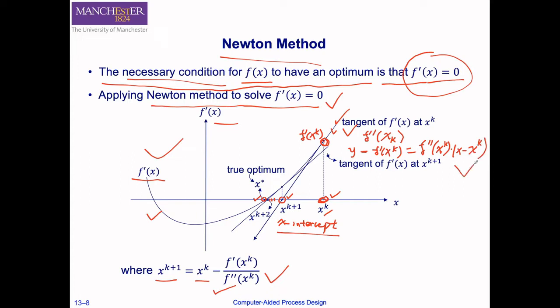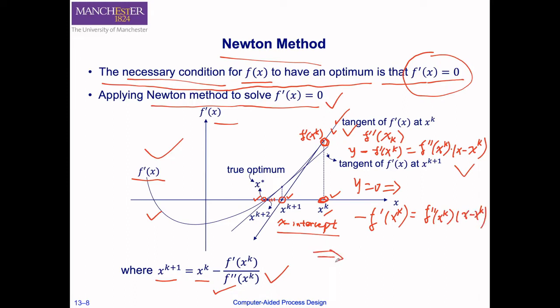Based on this tangent line equation, we can obtain the x-intercept, that is, y is equal to 0. Then we get minus f prime xk is equal to f double prime xk times x minus xk.